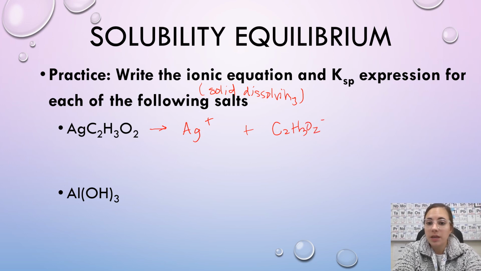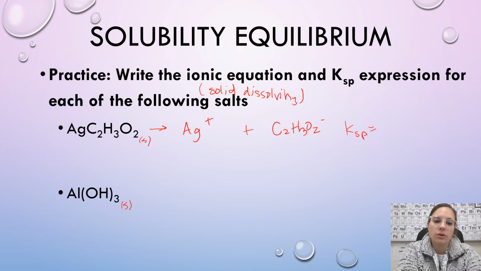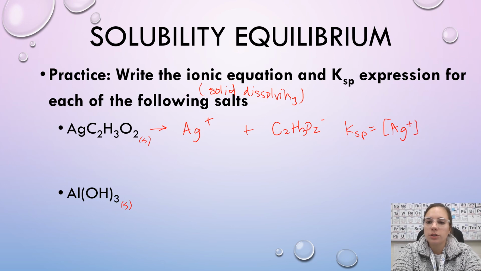So Ksp is written just like all of our other Ks. Products over reactants, but in this case, our reactants are solids, so they are not included. So products raised to their coefficients. So both of these coefficients are 1, so we just have the concentration of silver ions times the concentration of acetate ions. Simple as that.